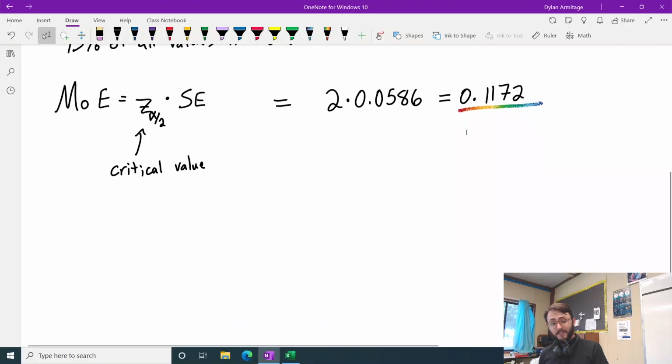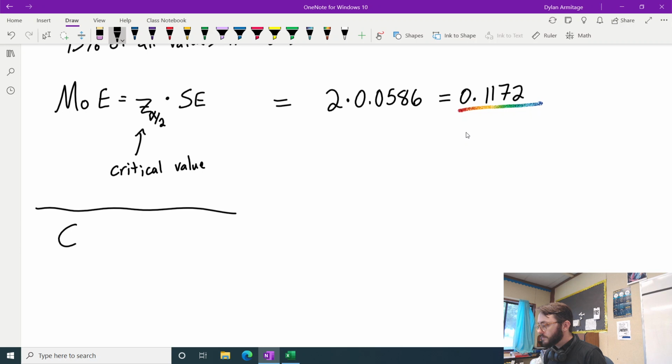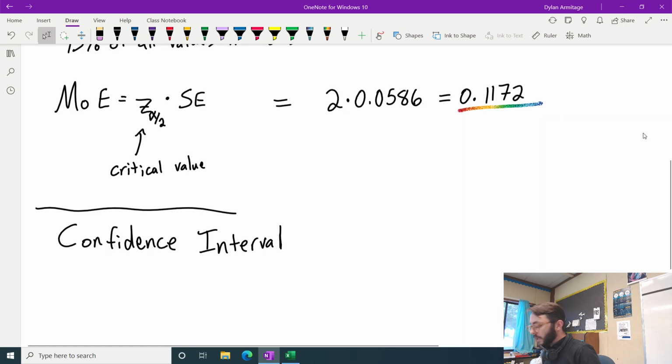And so now, finally, we can make our confidence interval, okay, our 95% confidence interval for the population proportion. So a confidence interval for a proportion is going to be p hat, okay, plus or minus the margin of error.